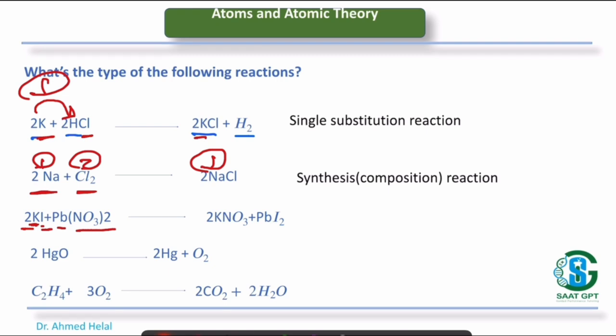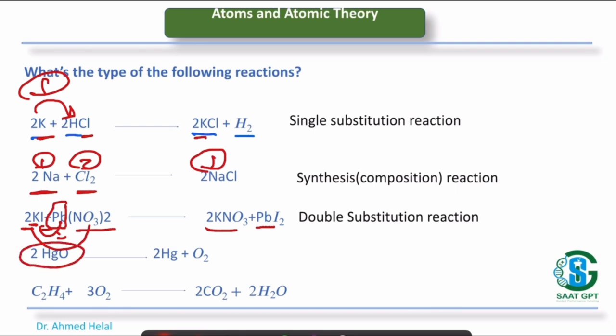If you find a capital and a small letter like Pb, this is lead, it's one element. Here, K, Pb, I, KNO3. How many substitutions and compositions do we have here? Here we have two substitutions or two replacements. That's why it's a kind of double substitution reaction.